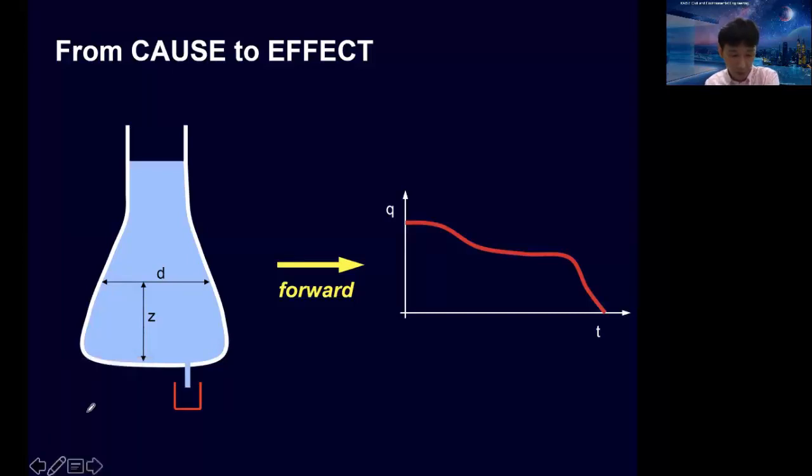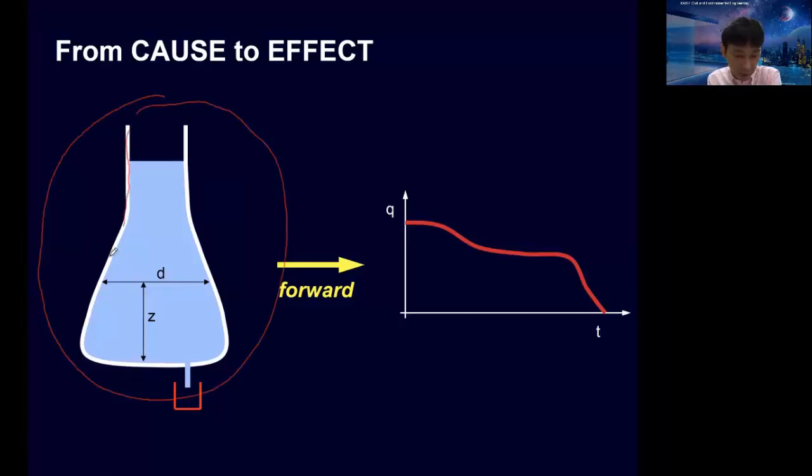This bottle can be considered as a system, and the system has some shape, right? Then you have a hole at the bottom, and if you pour the water, and there was a valve in the beginning, and then you open the valve, this water will drain, right?